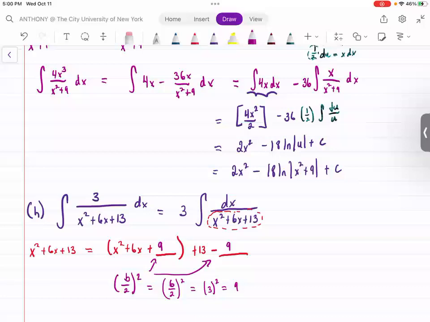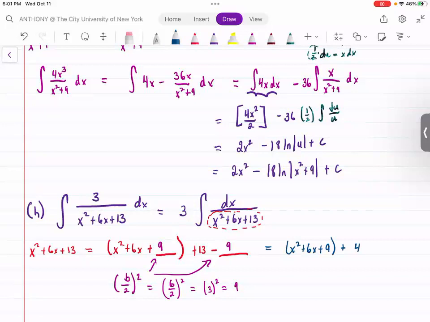Again, I'm dealing with an equation, doing a rewrite, so I'm adding and subtracting the same number. We're almost done with completing the square, because we have x squared plus 6x plus 9, plus 13 minus 9. What's 13 minus 9? 4. Now look inside the parentheses: x squared plus 6x plus 9.